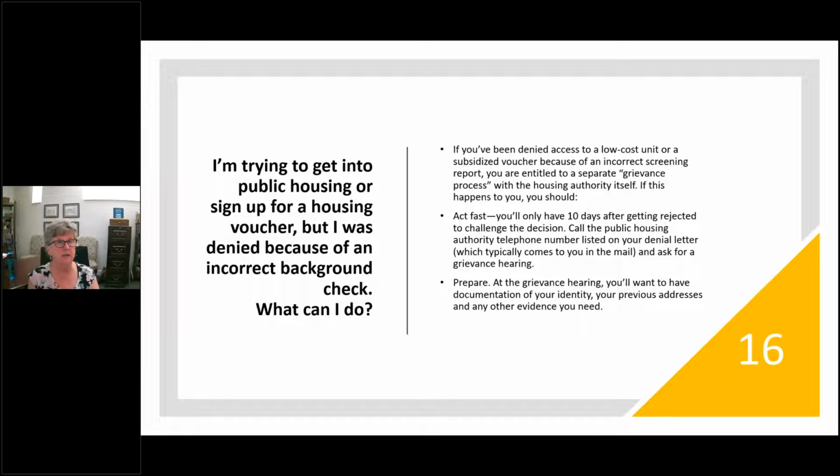So once you do that, then you can take all the information that you have and say, hey, you wrongfully denied me the housing voucher because this is incorrect information that you're going on. And here's all my proof that you should have kept of why that's incorrect. And that way, hopefully, you can get that reversed.